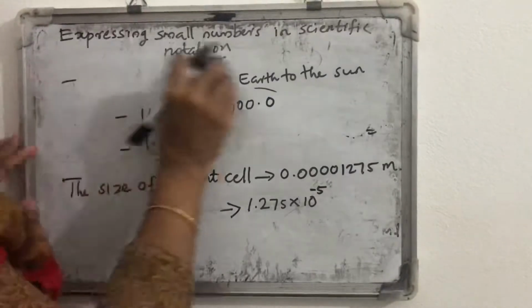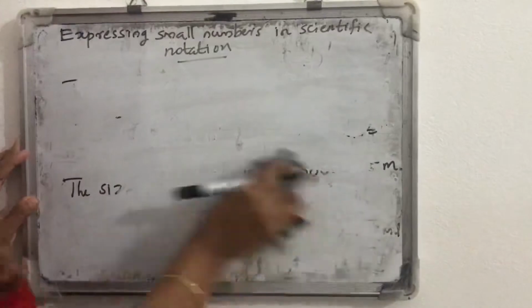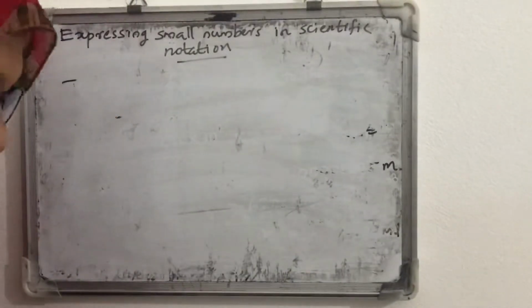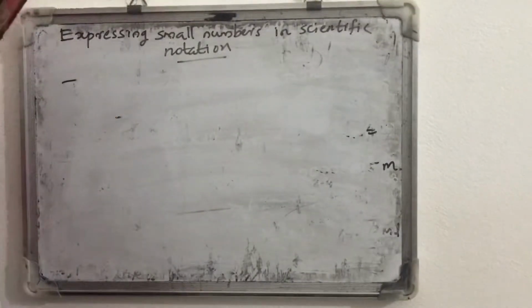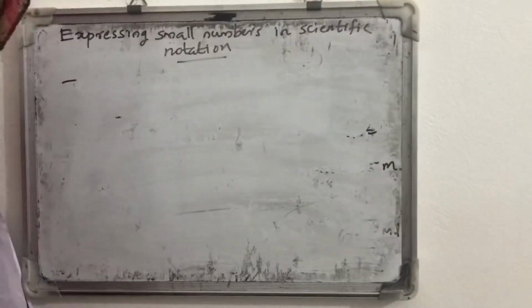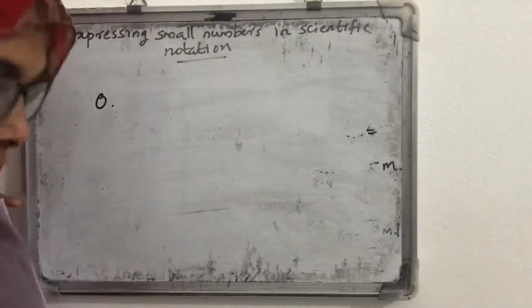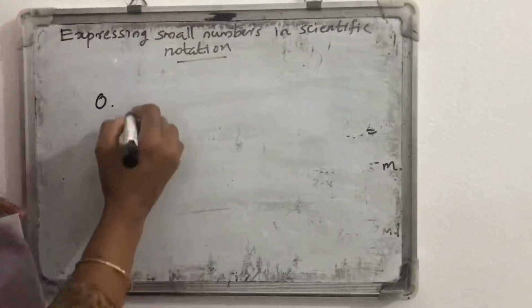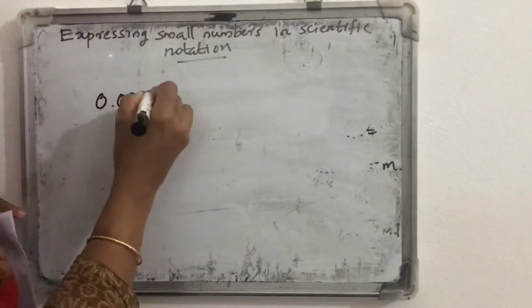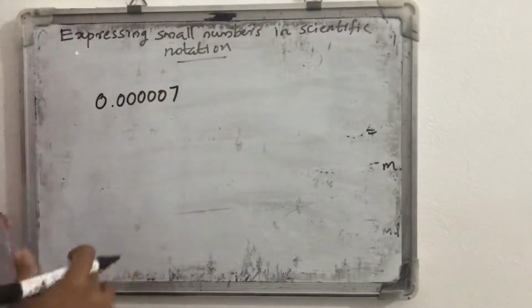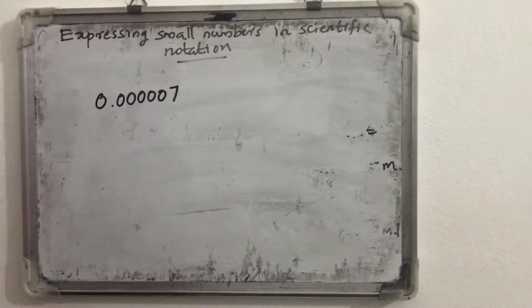Another example. How can we write the number 0.000007 in scientific notation?